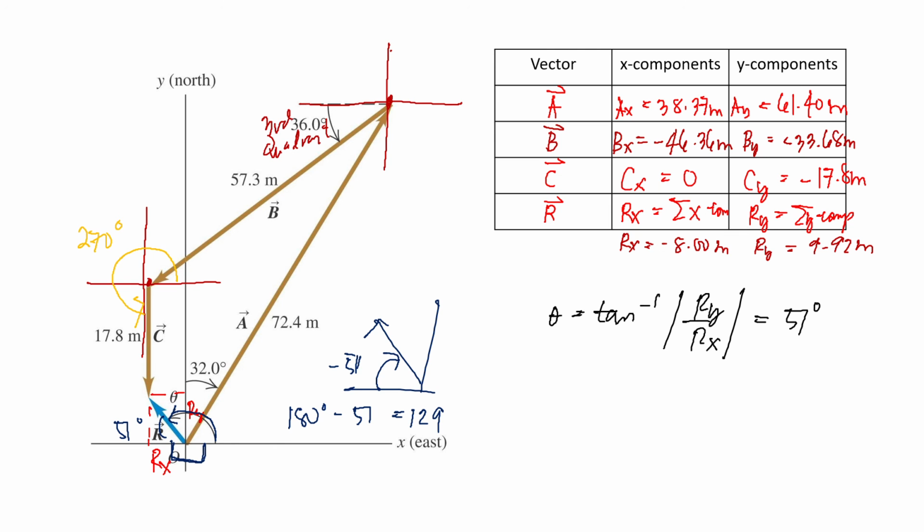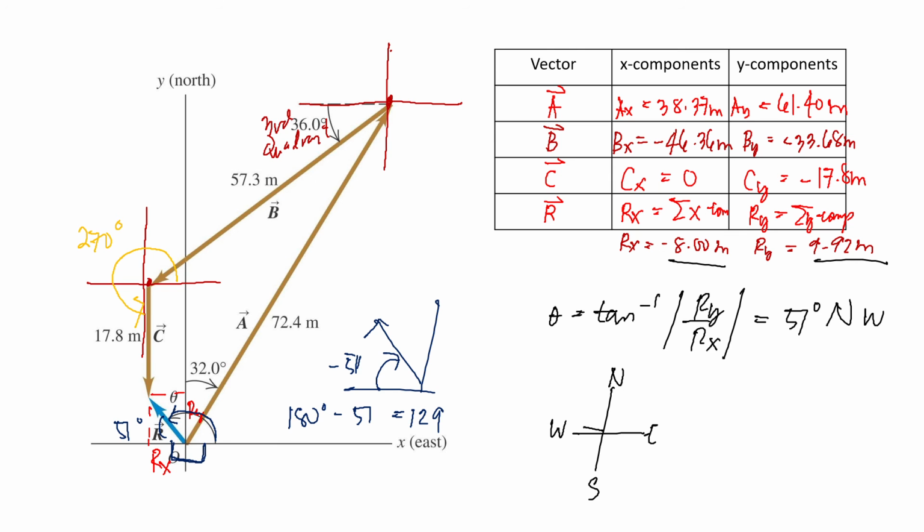But in looking at the directions, remember again that this is your north, east, west, and south. Above, your Ry is positive, so you have north, and your Rx is negative, so you have west. So your theta of 51 degrees is measured from the north of west.